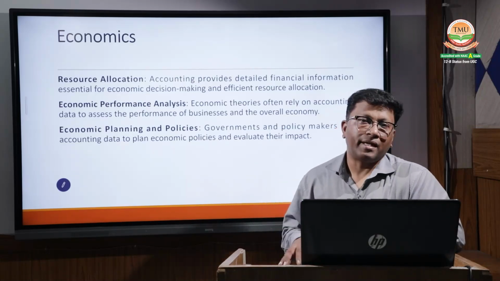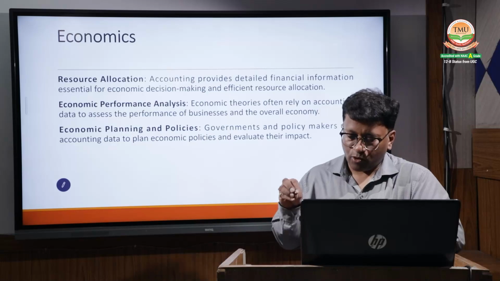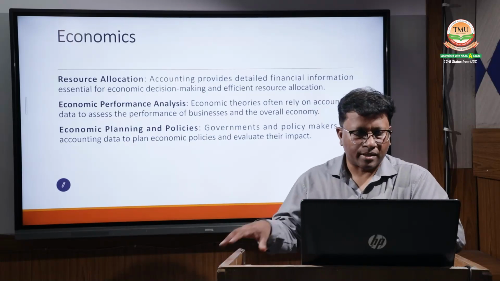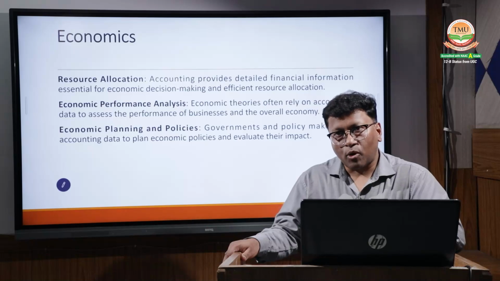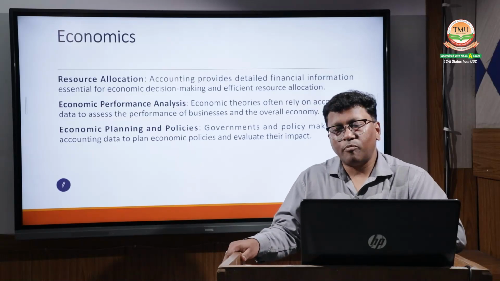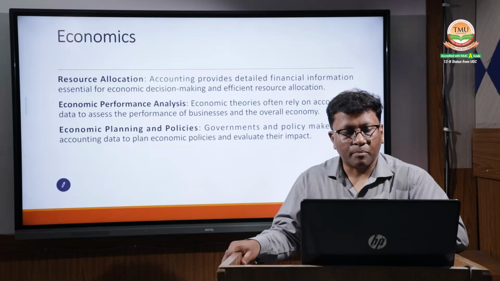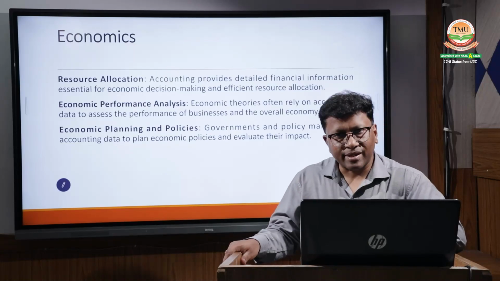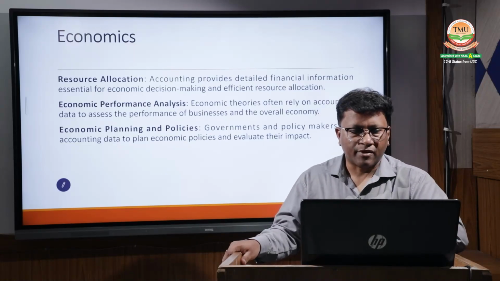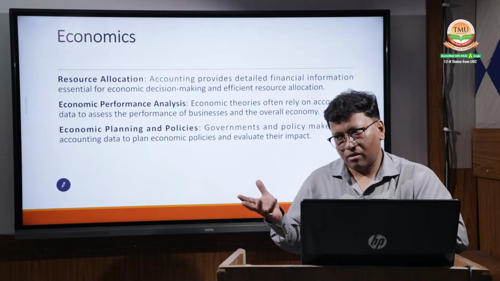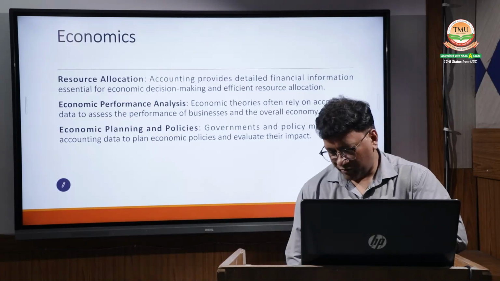So there is a relation between the economic subject as well as accounting. Economic planning and policies: as you see, the government or the business owners make policies, and no doubt they are planning on the basis of accounting information. So there is a particular relation between economic policies or financial policies and accounting information.